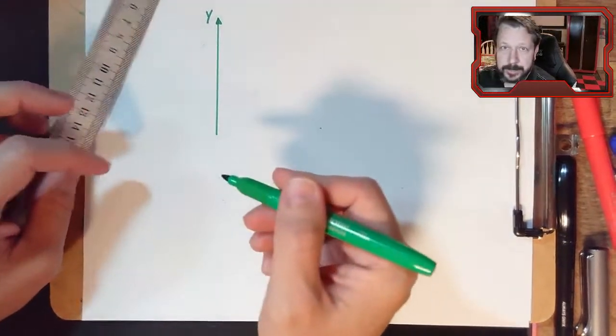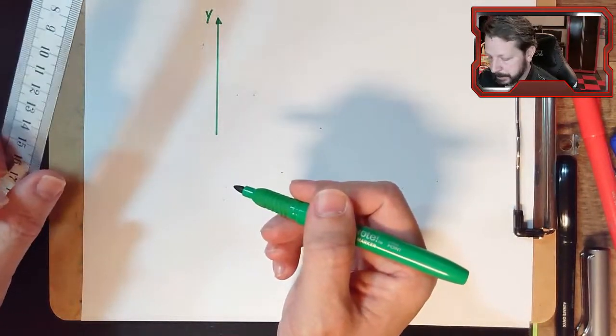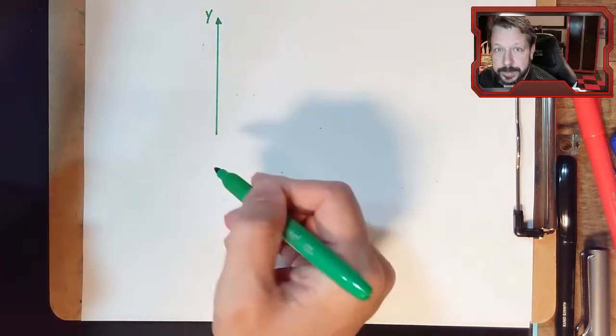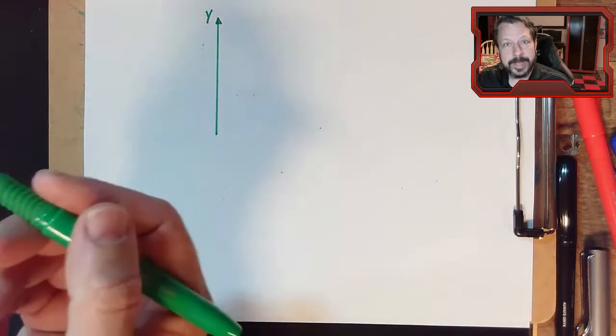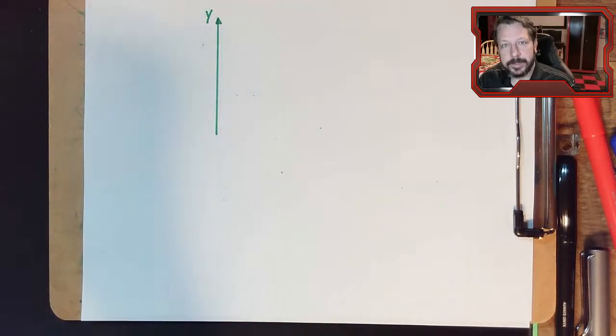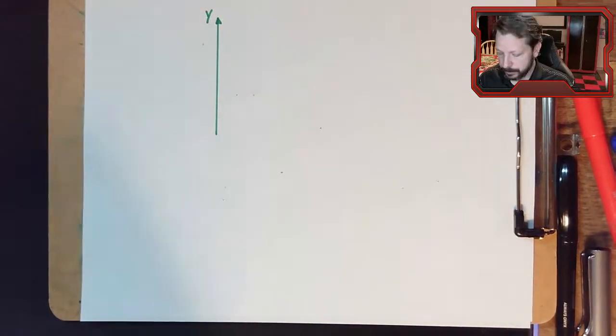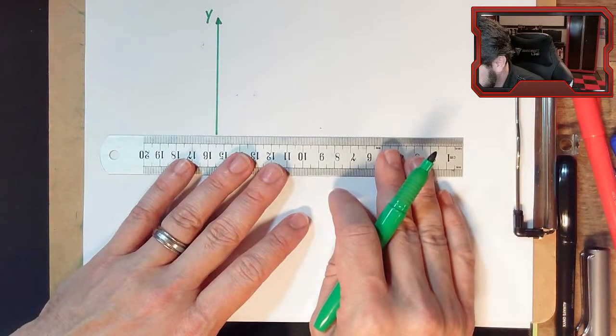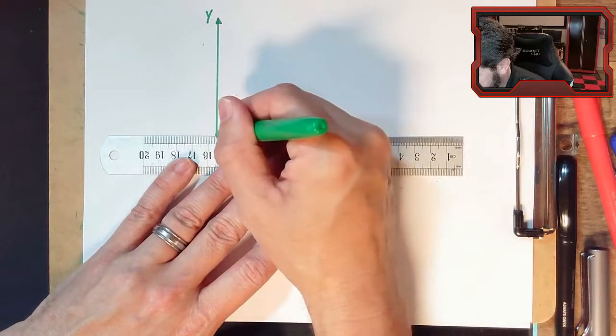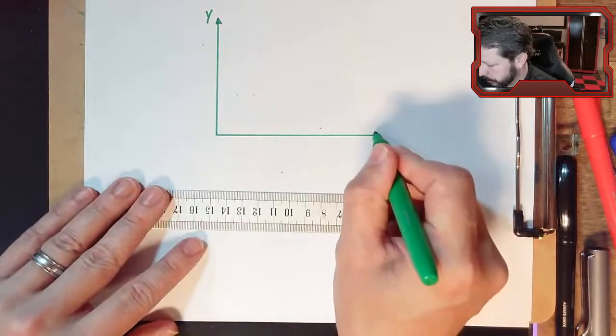So I'm going to predetermine where the x and y axes are. And obviously, wherever you put the x and y axis in relation to your part affects the actual number that you would have for the centroid location. So you do have to pay attention to that. I'm just going to go ahead and put it out here kind of in the middle of the page.